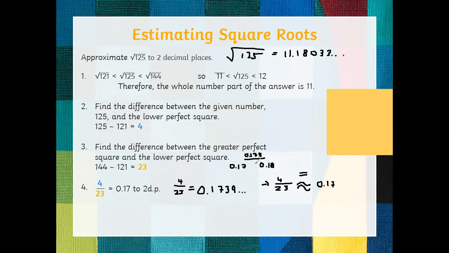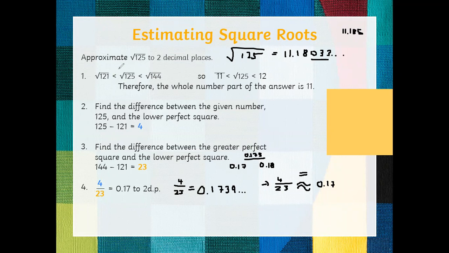And then we're going to round to 2 decimal places, just as we did here. And we're going to decide if the numbers after the second decimal point are above the halfway point or below the halfway point, in between 11.18 and 11.19. So the halfway point is 11.185. And this is below the halfway point.